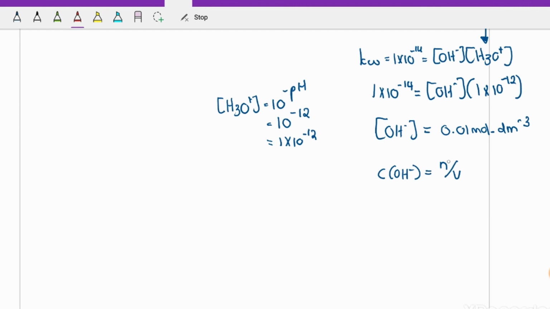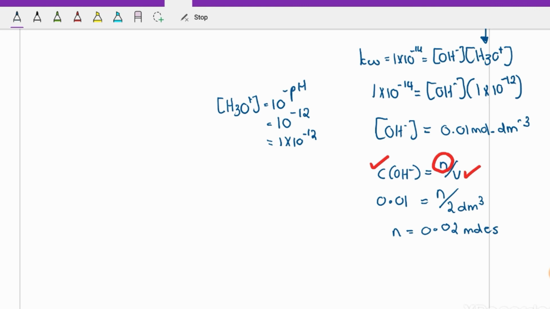Okay, you want to work out the moles, you have the volume, and you also have the concentration. So this is 0.01. The moles is what you want to calculate, and the volume is 2 cubed decimeters. So if you work out the moles, you will find that your answer is 0.02 moles.